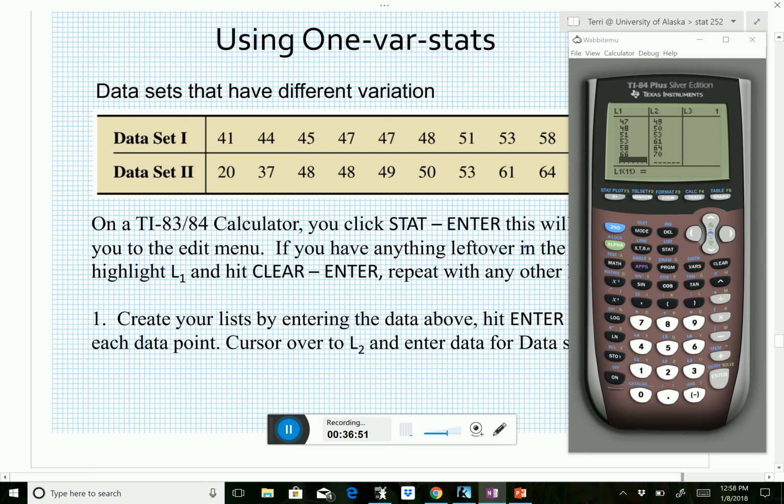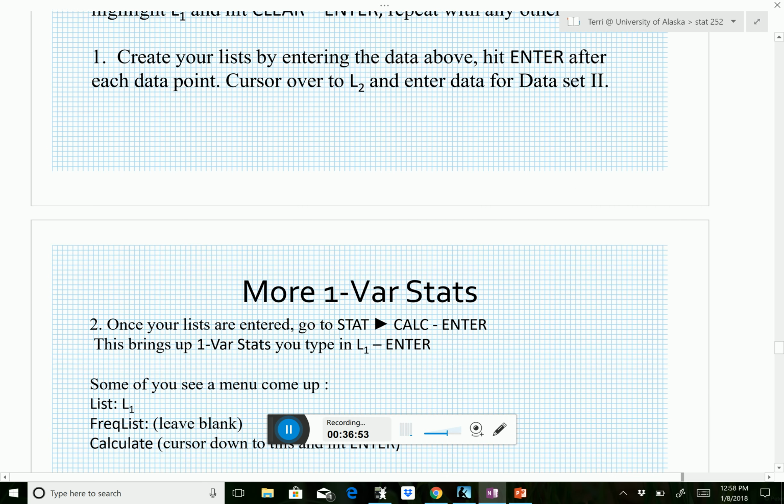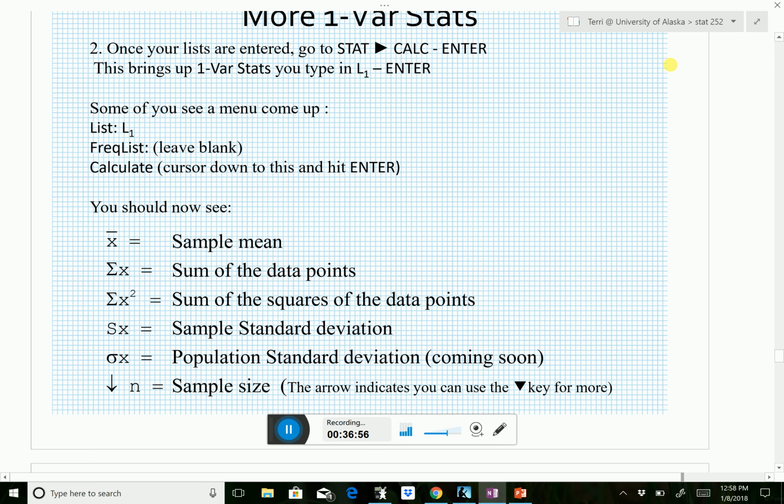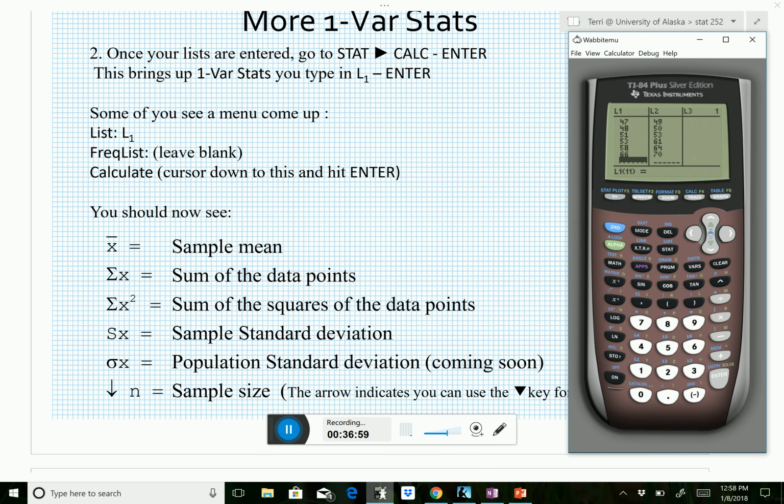Now what we're going to do is we're going to go and get each of their sample means and all the other information we want. Once your lists are entered, we're going to go stat, calc, and list 1, frequency list, leave blank, cursor down, and hit calculate. Okay, so now in this case, we see our sample mean, X bar, 50.